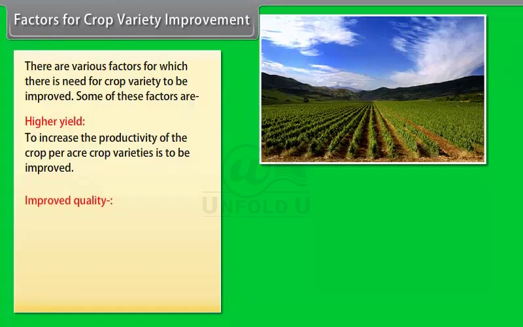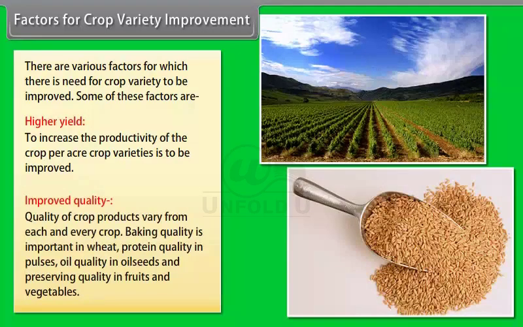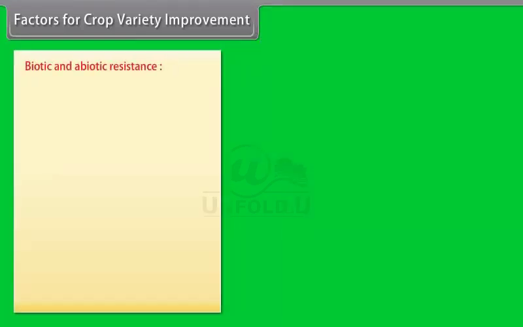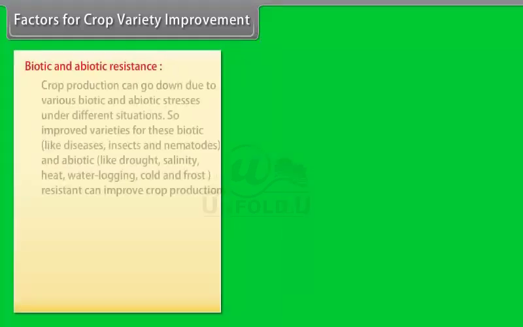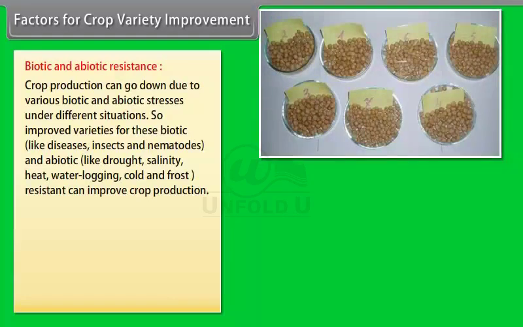Improved quality. Quality of crop products vary from crop to crop. Baking quality is important in wheat, protein quality in pulses, oil quality in oilseeds, and preserving quality in fruits and vegetables. Biotic and abiotic resistance. Crop production can go down due to various biotic and abiotic stresses under different situations.